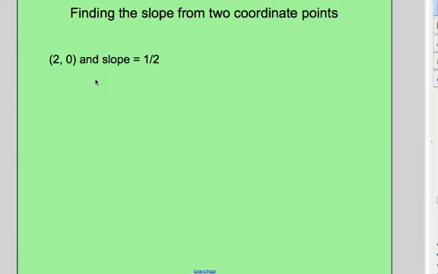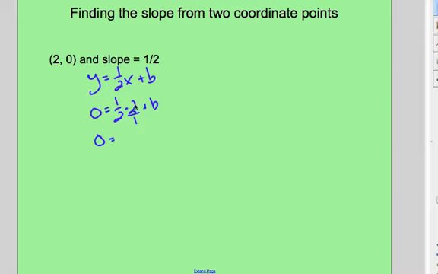All right, let's see how you did. This is again y equals 1/2 x plus b. And we can substitute in our 0 and our 2. 0 for y. 1/2 times 2 plus b. Make that into a fraction. And that's going to keep 0 on that side.